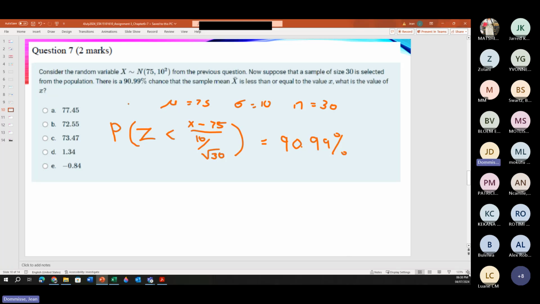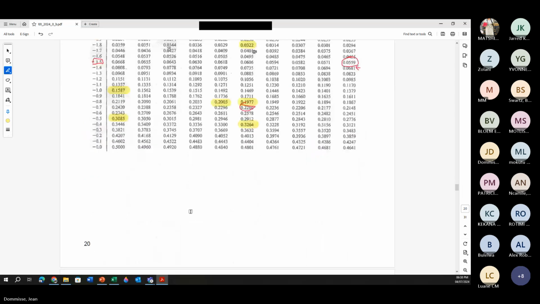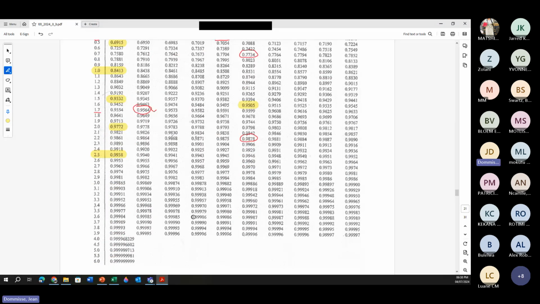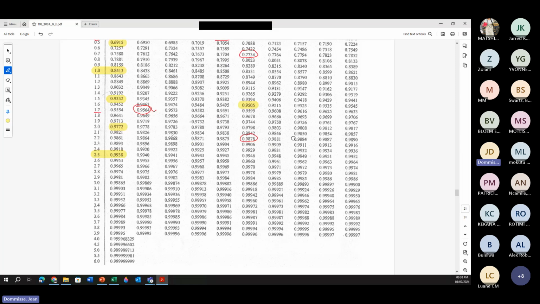So let's just check 90.99. Hopefully with a number like that they selected, it should be coming out here as a real, okay, 90.99.